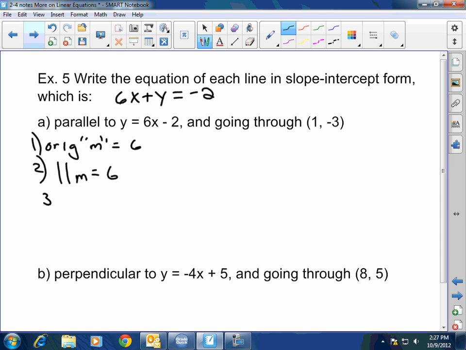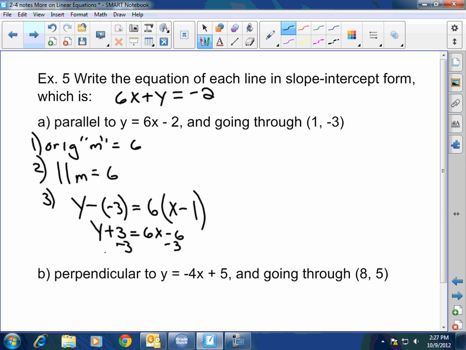Now, step 3, let's plug it in. y minus y1 equals m times x minus x1. Now I want this in slope-intercept form though. So this is y plus 3 equals 6x minus 6. Subtract 3 from both sides. y equals 6x minus 9.